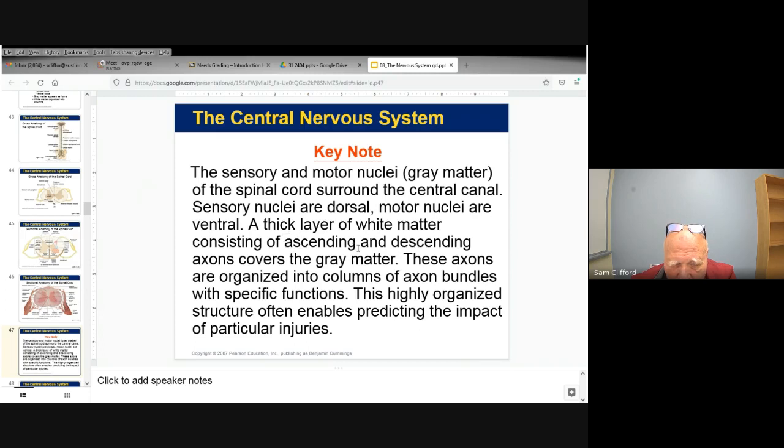A thick white matter surrounds the gray matter with ascending and descending axons going in columns of axons, and they go to various parts of the brain, and we'll talk about how those columns take information to the brain and send information from the brain back through the spinal cord for higher level control of nerve function by connecting the spinal cord and the cerebral cortex, for instance.